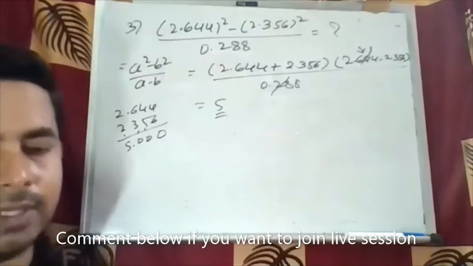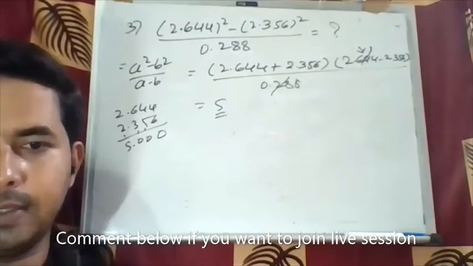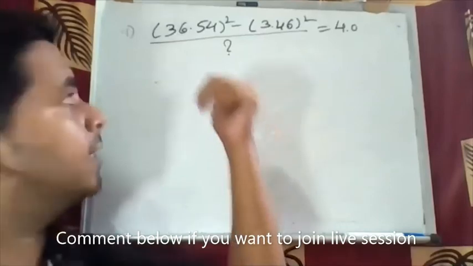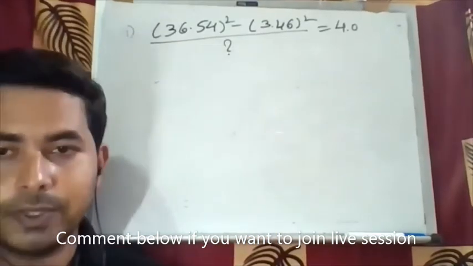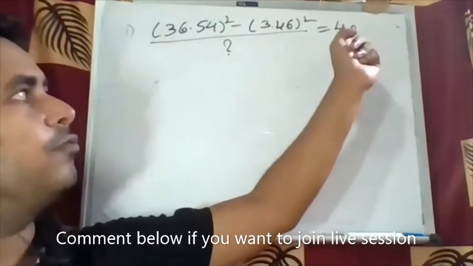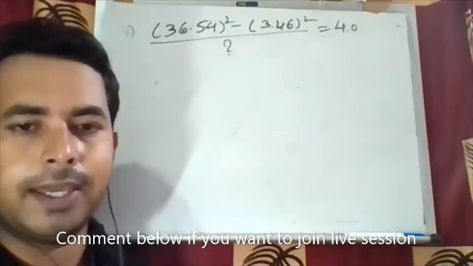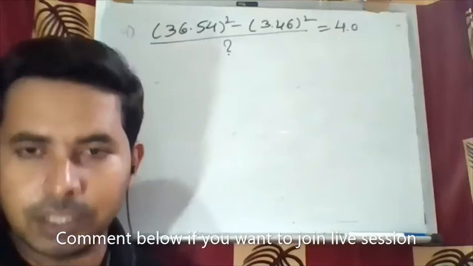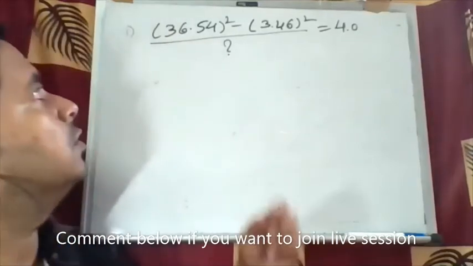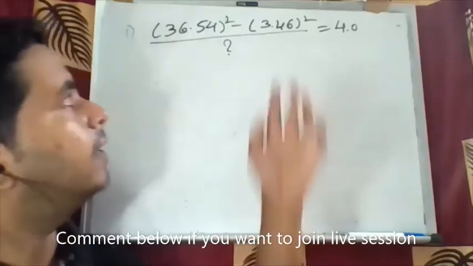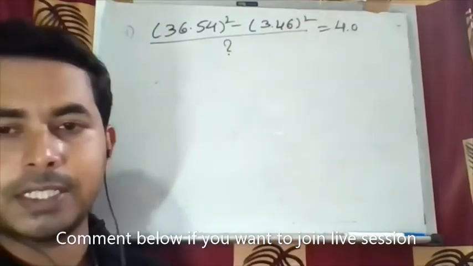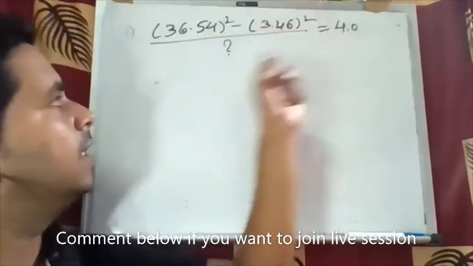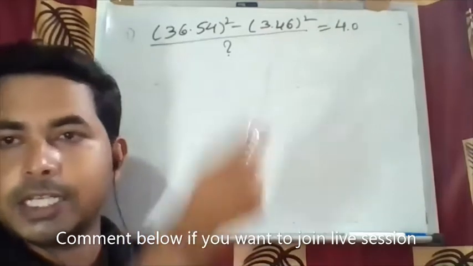They may ask in another way like this. For such questions, how should you do it? First find out how the 4 came. Is it from the addition of these two or the subtraction of these two? If it is coming from the subtraction of both values, then the down will be the addition of those two.